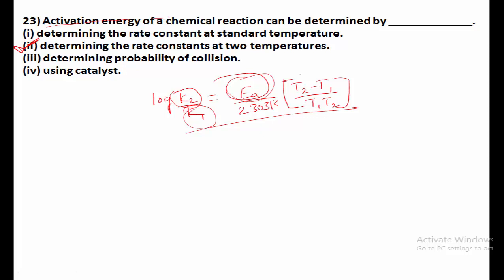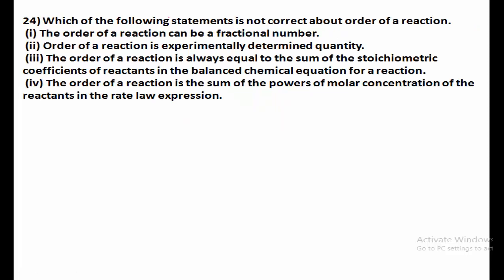The next one, 24th: which of the following statements is not correct about the order of a reaction? So the order of a reaction can be a fractional number. Yes, it is a fractional number, or it may be a whole number. And the order of reaction is an experimentally determined quantity. Yes, it is also a correct statement. The order of reaction is always equal to the sum of the stoichiometric coefficients of reactants in the balanced chemical equation for a reaction.